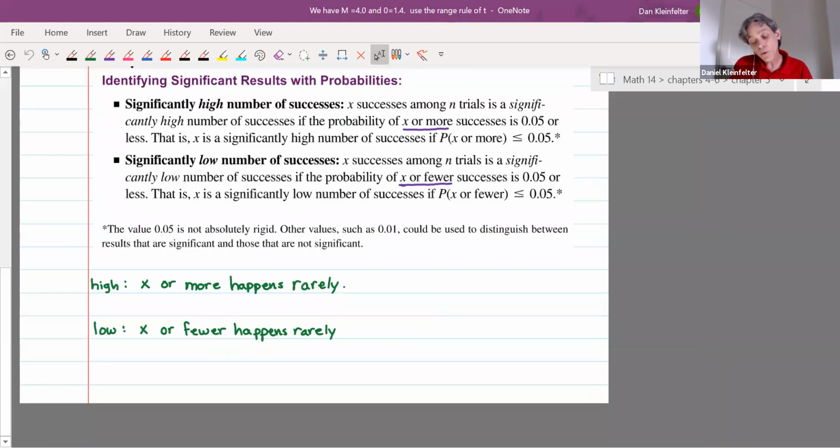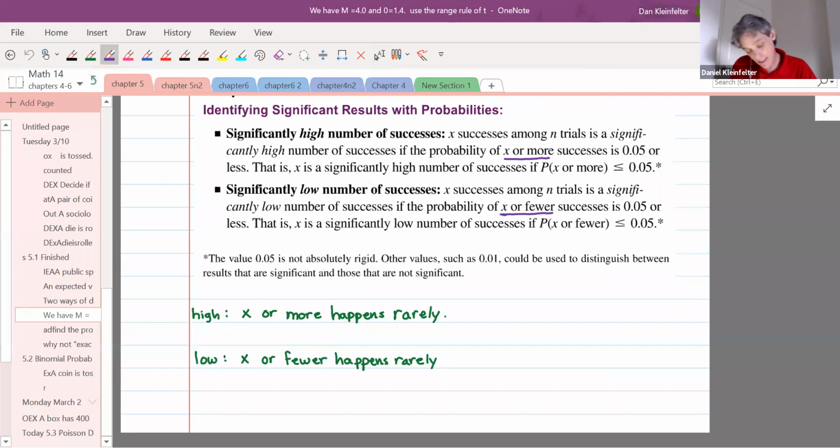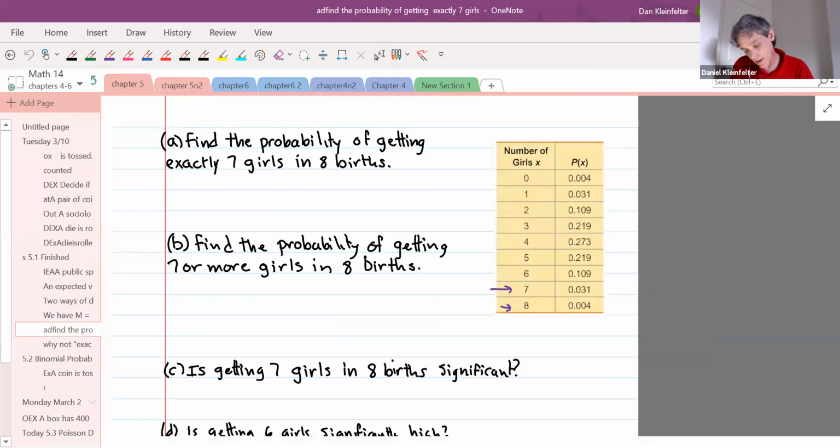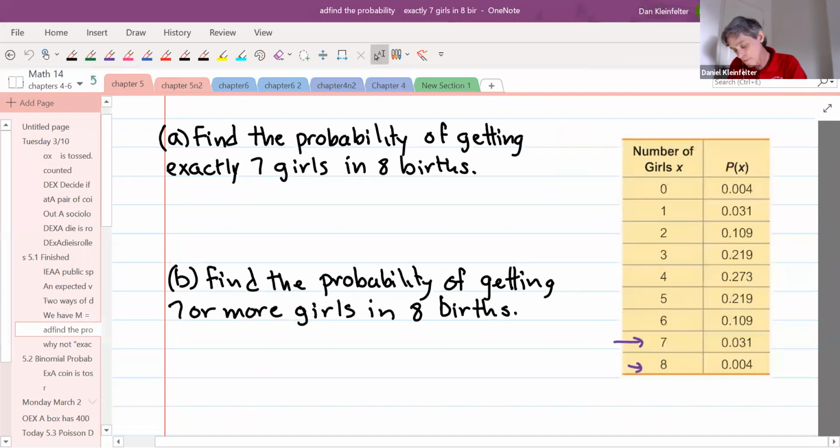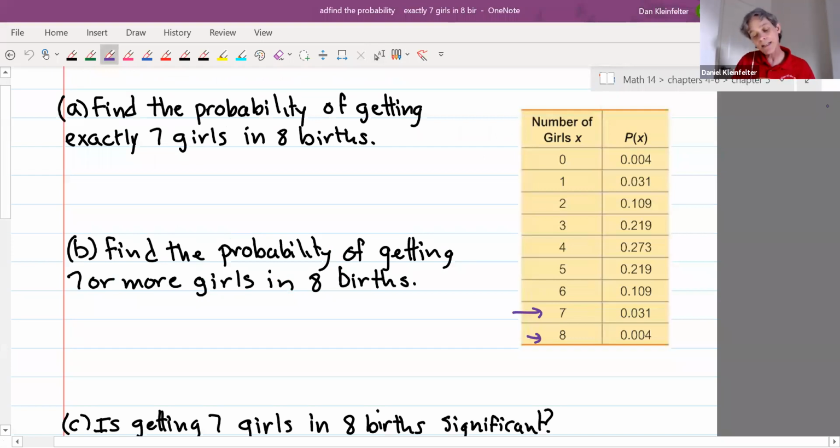Okay, so let's try it in the context of our example here. We want to find the probability of getting exactly 7 girls in 8 births. So 7 girls in 8 births is 0.031, right there from the table. Doing it this way has the advantage that there's a lot less calculation.